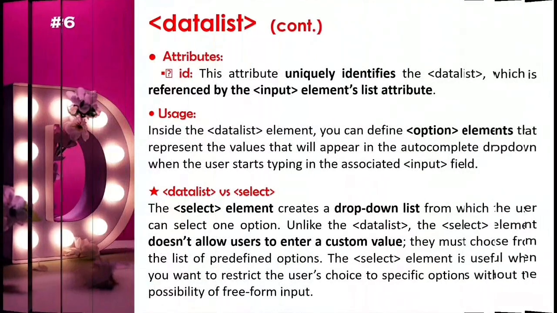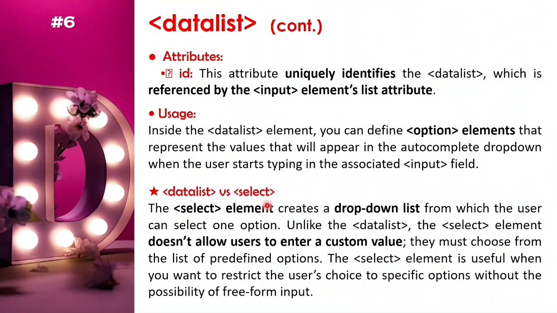So you might say that we also have something called select, a select element that also provides a drop-down list. So then what's the difference, right? The select element also provides a drop-down list, sure, just like the data list, but it doesn't allow you to enter a custom value. Basically, you have a predefined list, and you must choose something from that list, period.